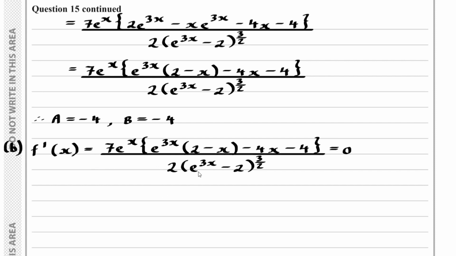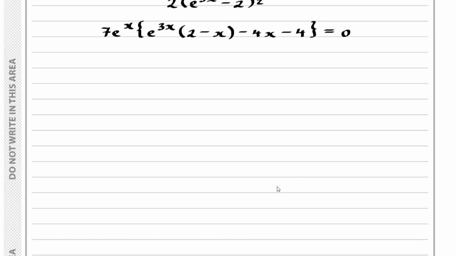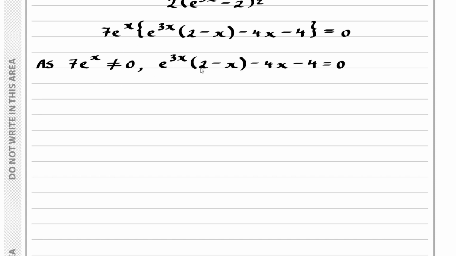Solving this equation, I've got 7e^x multiplied by e^(3x)(2 - x) - 4x - 4 equals 0. The 7e^x cannot equal 0, which leaves me with e^(3x)(2 - x) - 4x - 4 = 0.